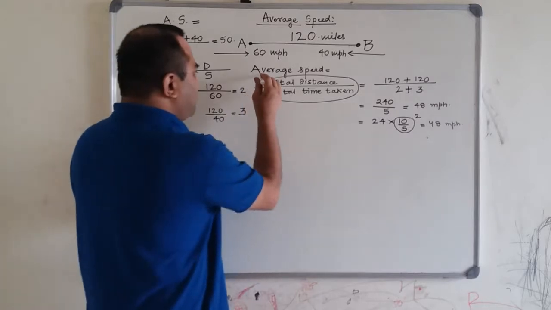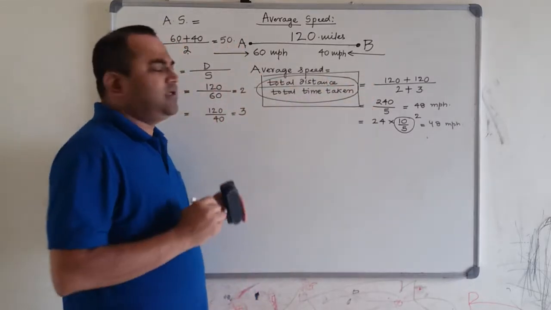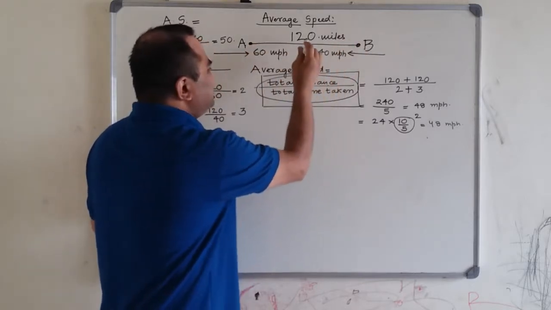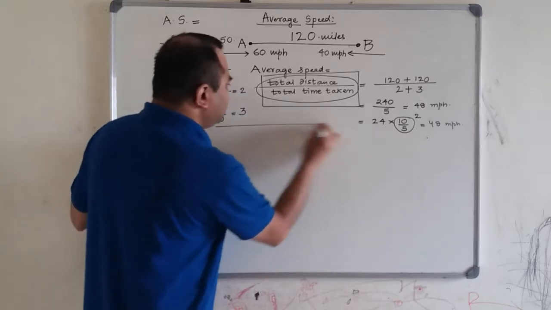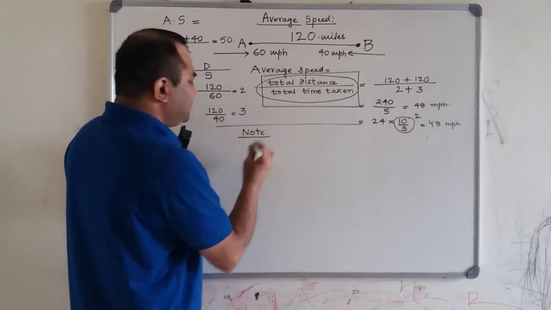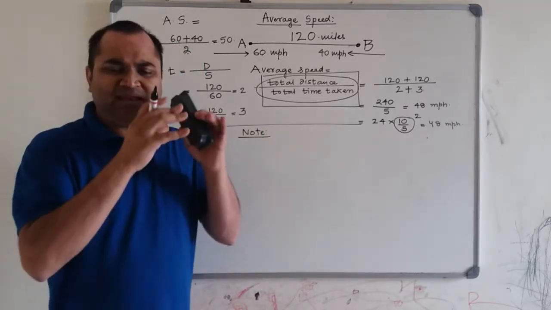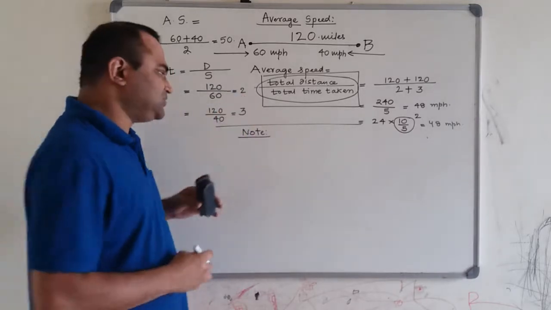So this is the formula that you must remember to find average speed whenever the distance between two places is given and the two speeds are also given. Here we can remember a very useful note which will add speed in finding average speed in an exam where an objective question on this concept is asked.